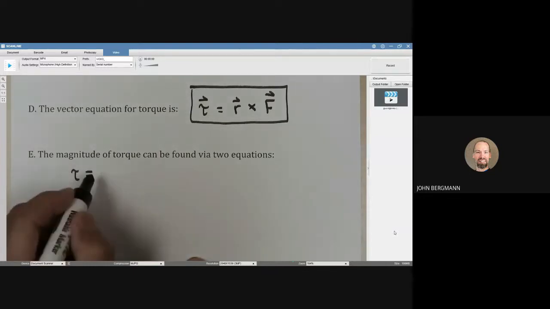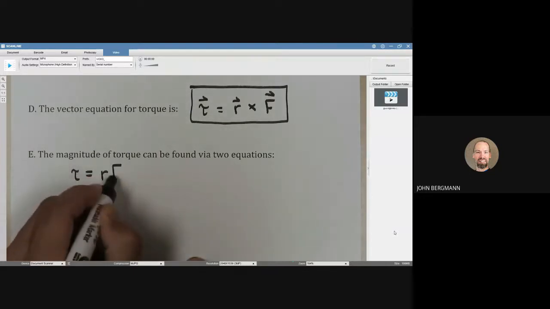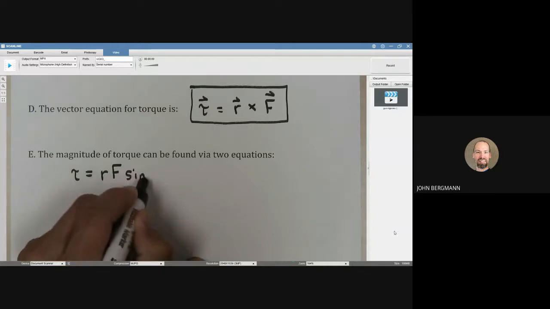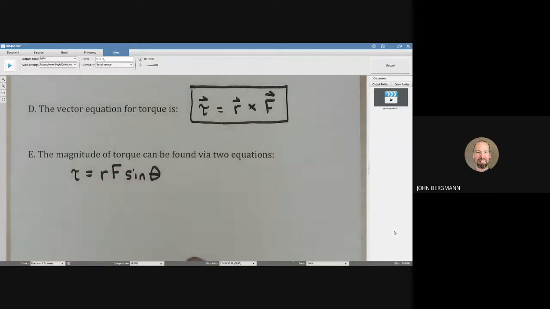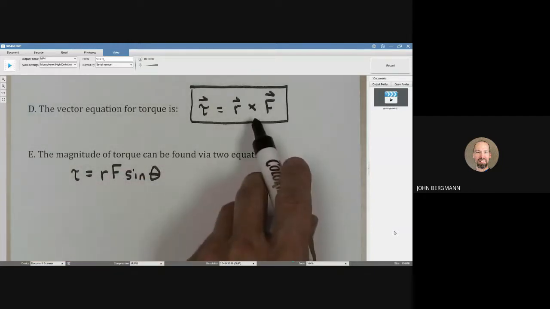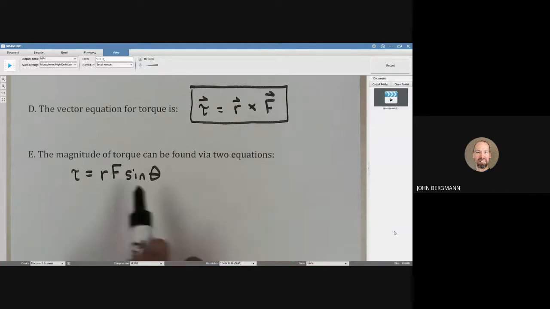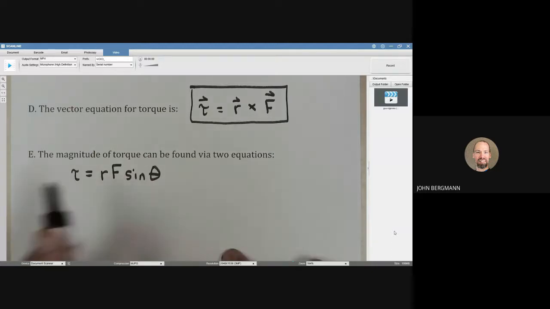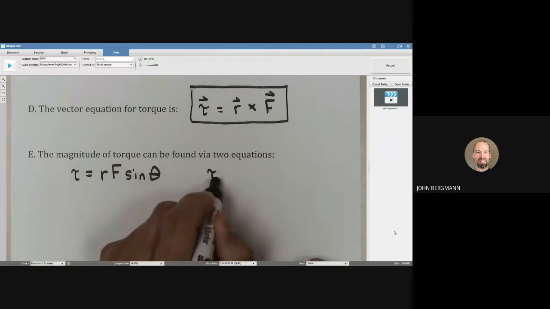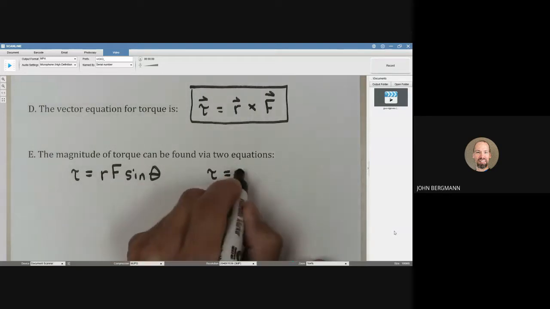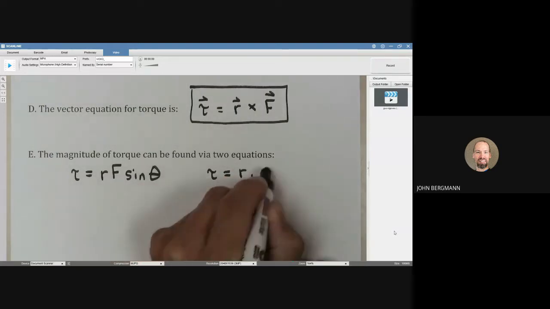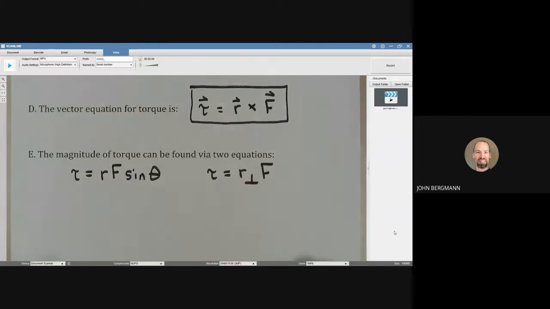One of them is rF sine theta. We're using the cross product here, and with the cross product, sine is the trig function that comes into play. You might remember that with the dot product, it's cosine that comes into play. Another one that sometimes you'll see is that tau is equal to r perpendicular times F.